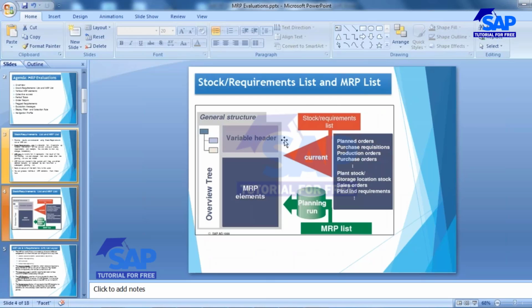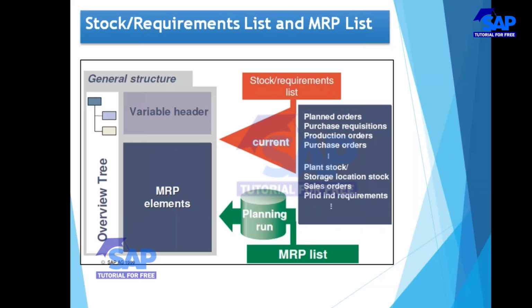So this is how the stock requirement list and MRP list look. Here you will have a variable header, I'll show this. Then you have all MRP elements, like your stock, requirement elements like planned independent requirements, customer requirements, dependent requirements, reservations.